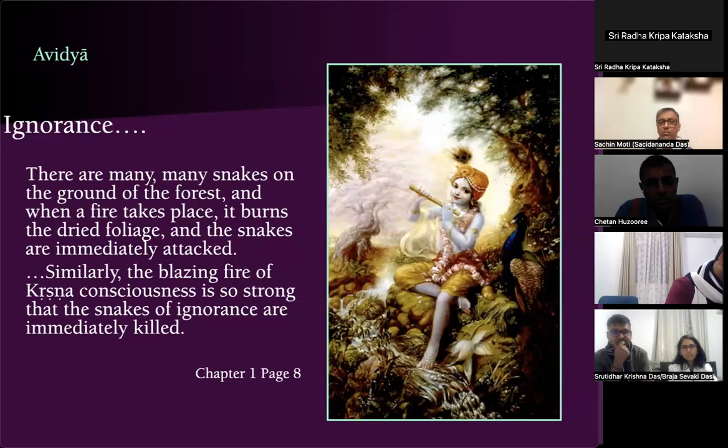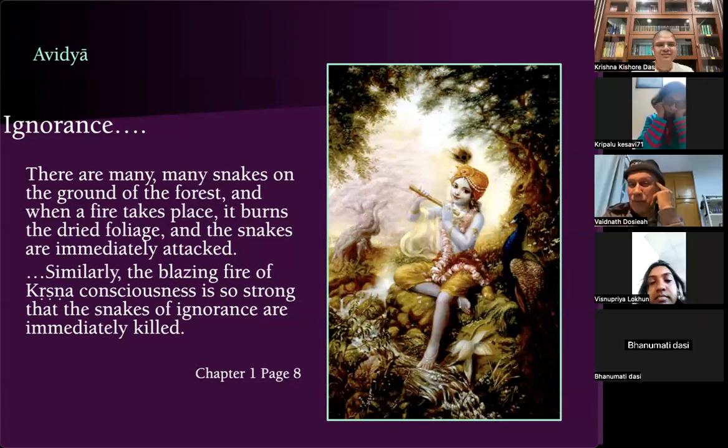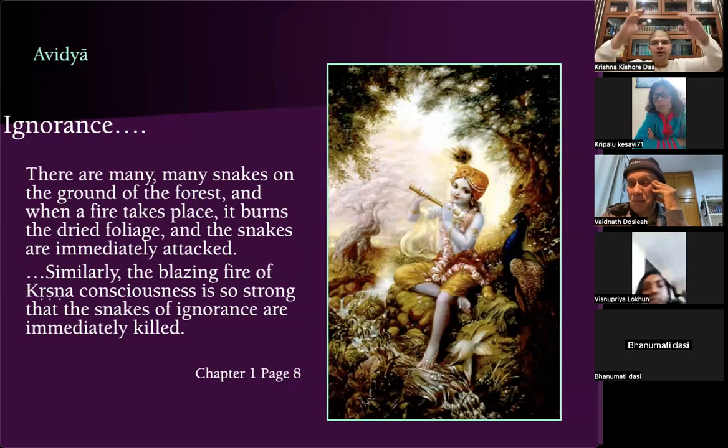Now what happens? When there is a forest fire, other animals can run, but a snake can only crawl. A snake cannot jump. When there is a forest fire, there is fire in the trees and on the grass, and burning things fall on the ground. So these snakes cannot escape because they cannot jump over fire.